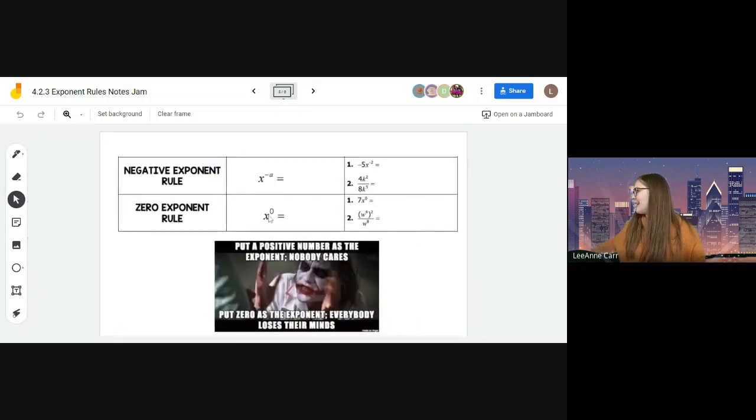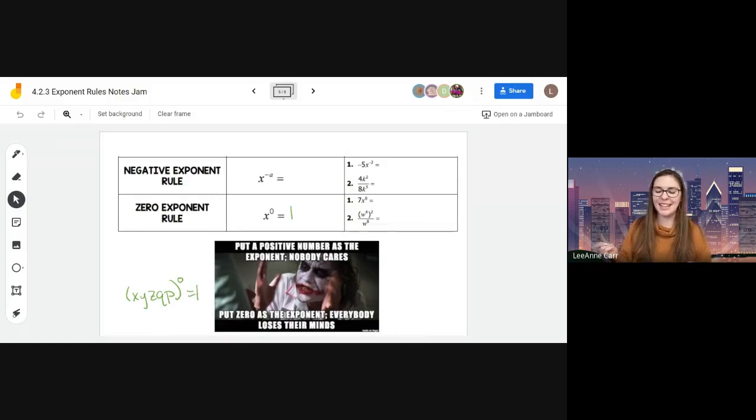So anything to the 0 power is always, always, always just going to be 1. You get rid of the base, the whole thing just becomes 1. It doesn't matter if it's x, y, z, q, p to the 0th. Whatever, that whole thing would just become 1.